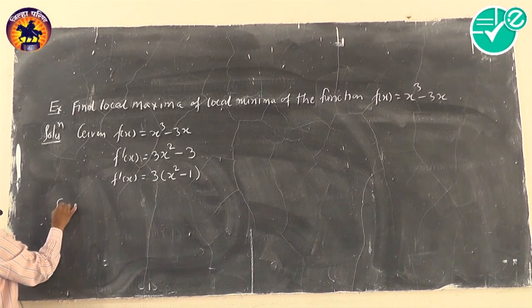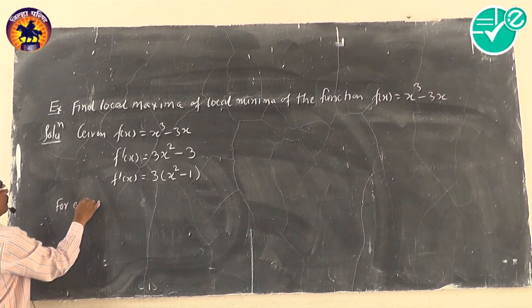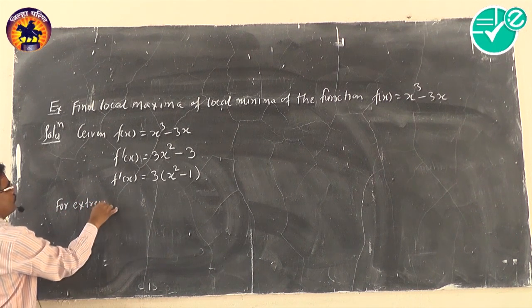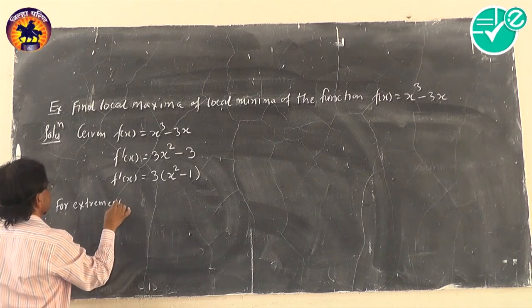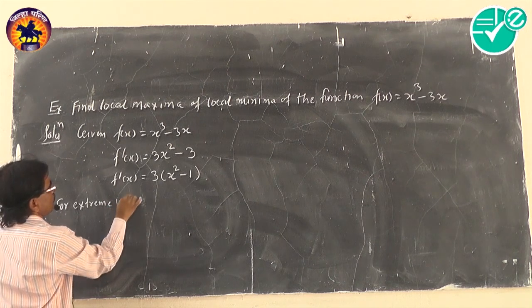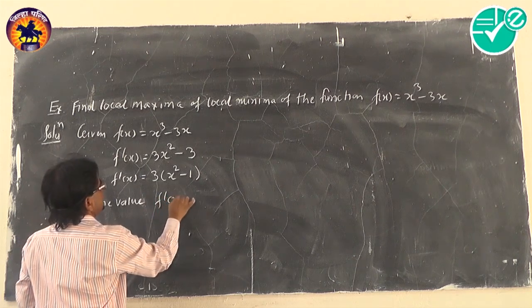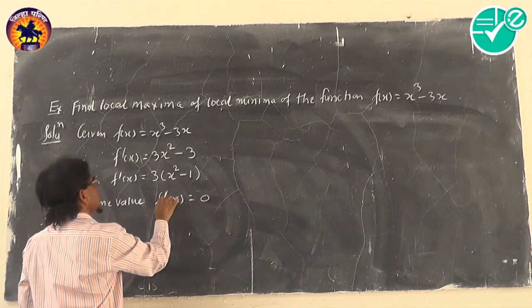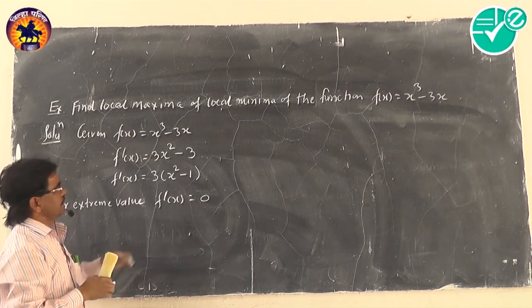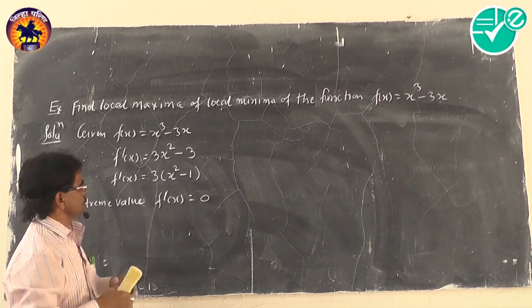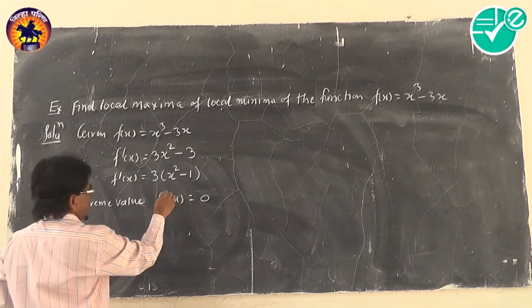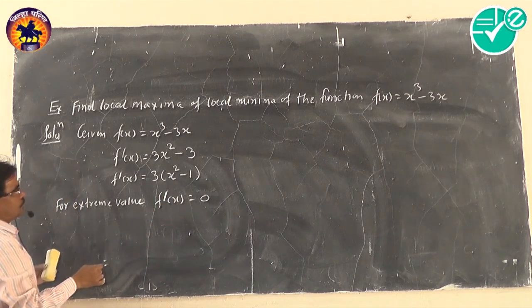For extreme value, f dash of x is equal to 0. For maxima or minima, the first condition is f dash x is equal to 0. The first derivative is 0.